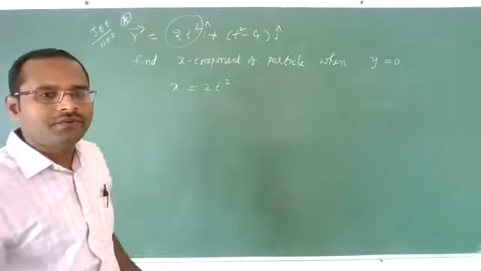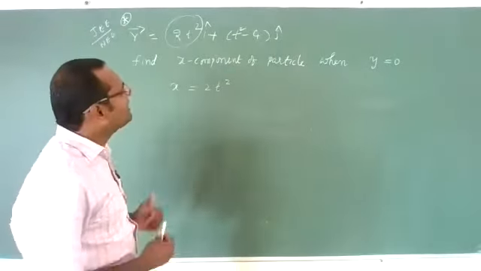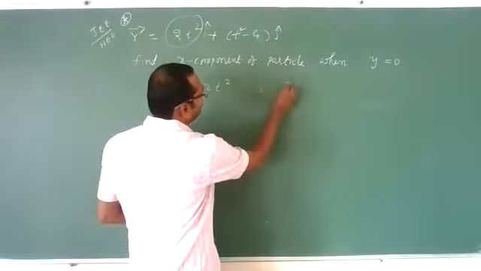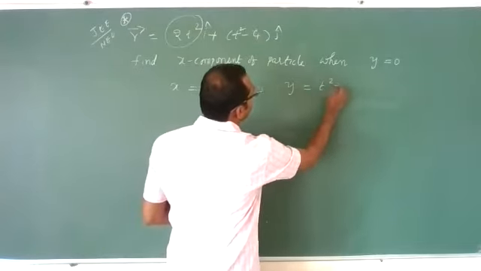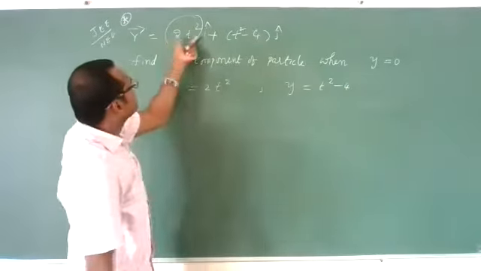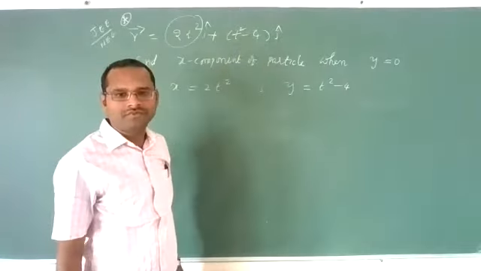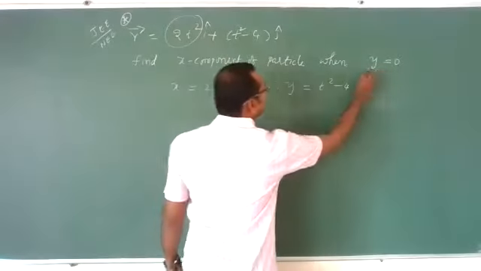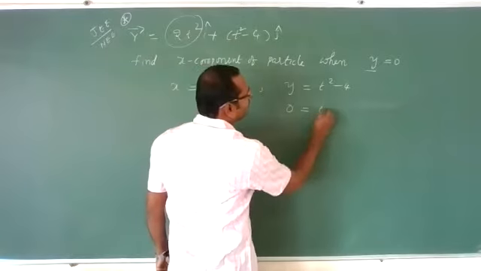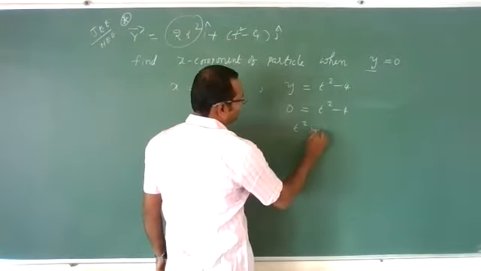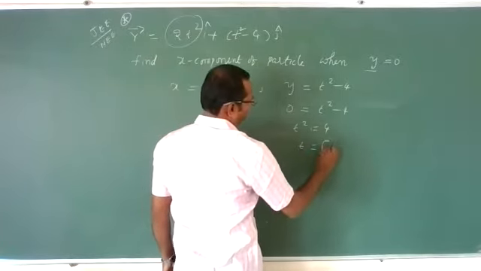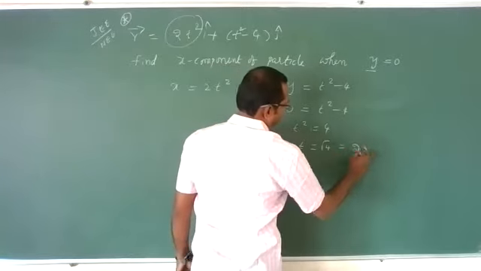Now, this is the x component. Then what is the y component? The y component is given as t square minus 4. According to the question, the y component is 0, so 0 is equal to t square minus 4. Then t square is equal to 4, t is equal to root 4, that means 2 seconds.